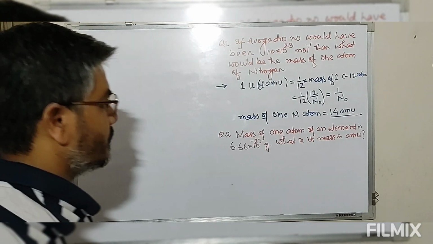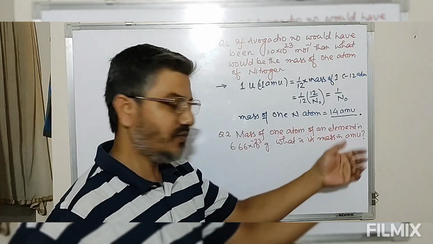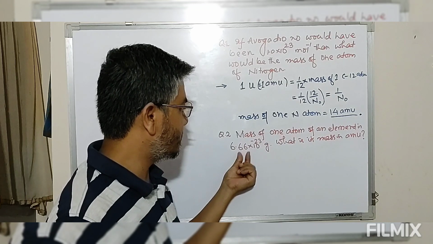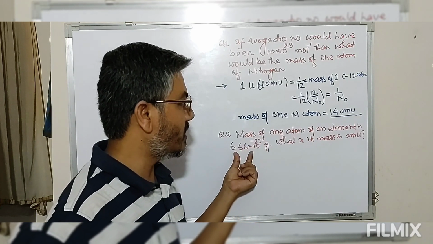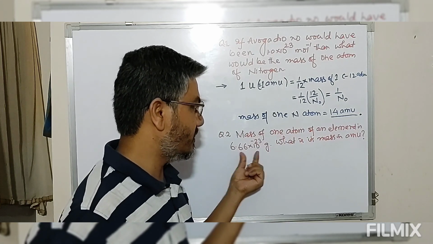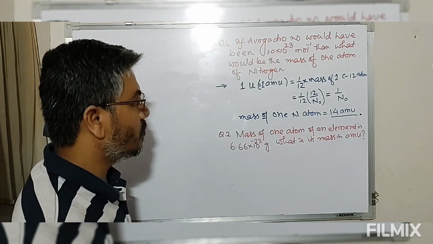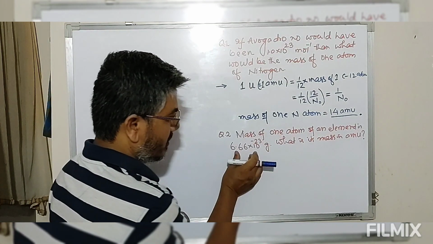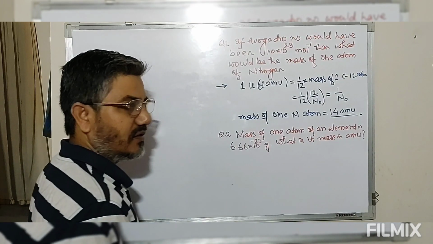Now in the second question, look at this. Mass of one atom of an element is 6.66 into 10 to the power minus 23 gram. That is, the absolute mass of one atom of an element is given. Then what is its mass in atomic mass unit? So now we are given absolute mass. We have to express this in terms of relative mass.